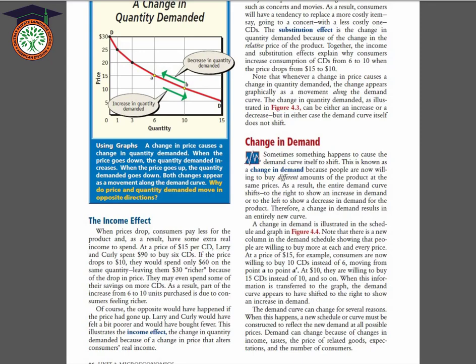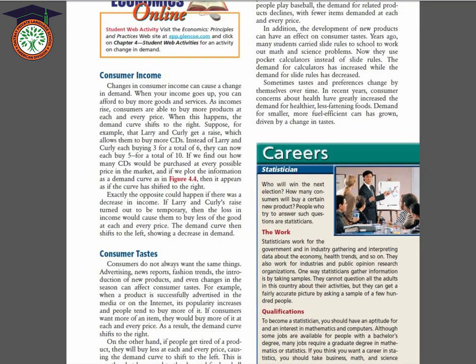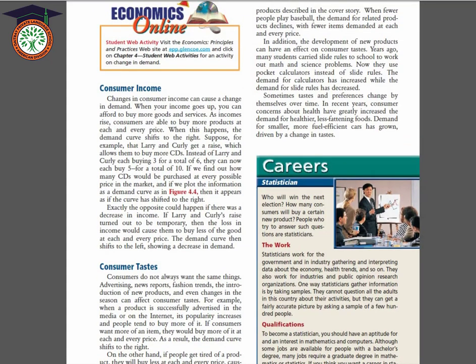Then on the left, put a square and put the factors that are affecting a change in the quantity demanded, and on the other side, the factors that affect a change in demand, while you are reading, so that it will facilitate your studies. All right, then we are going to move to another one, which is the consumer income.